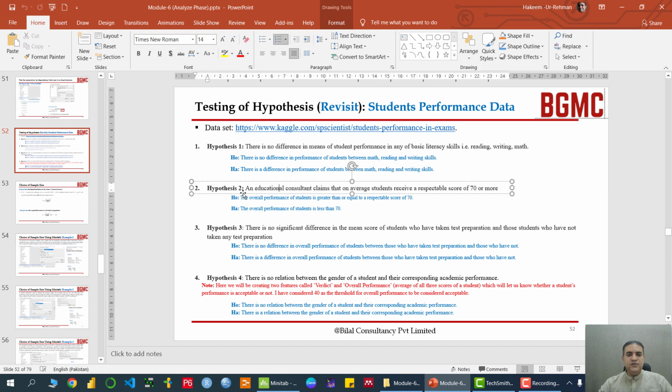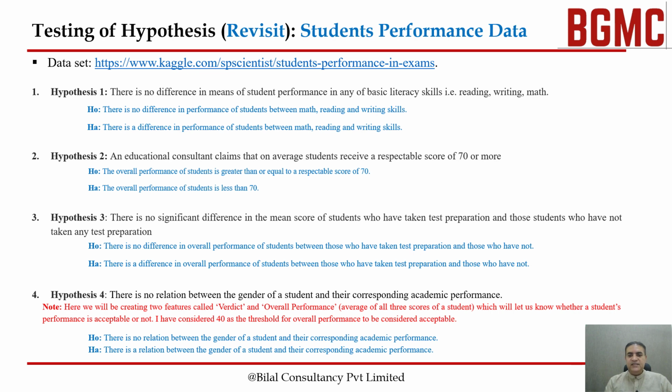Now if I want to perform the second, here it says that an educational consultant claimed that on average students receive a respectable score of 70 or more. In that particular case, we have been given the target number. Our H naught is 70 or more, so we are going to apply H naught first, and the alternative is going to be less than 70.